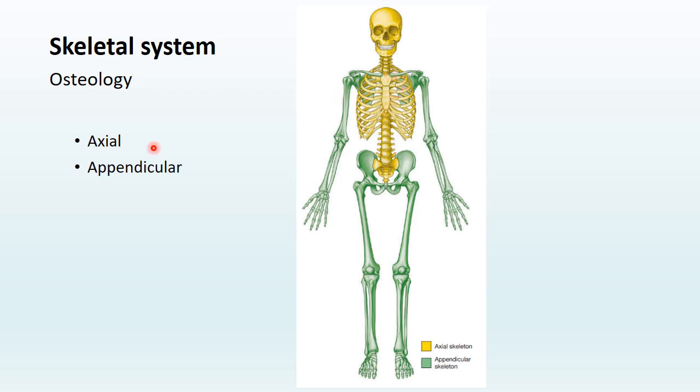And the other type is called the appendicular skeleton, which is composed of the bones of the upper and lower limbs.